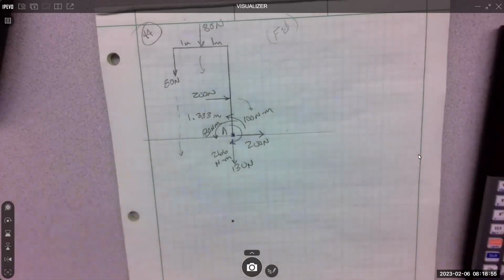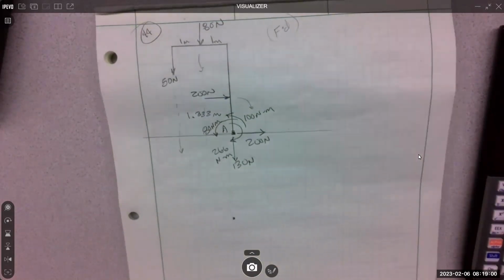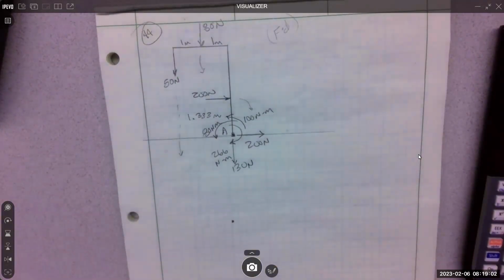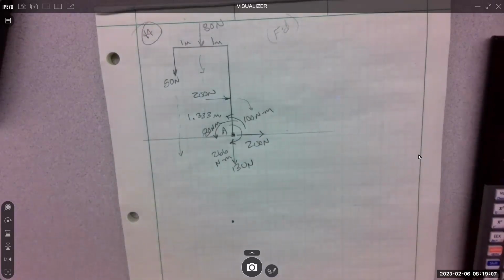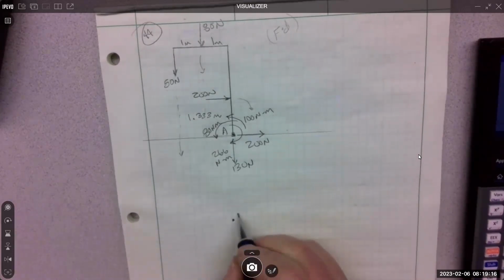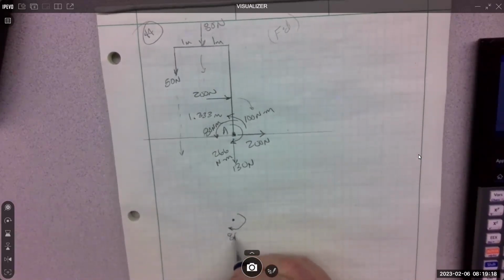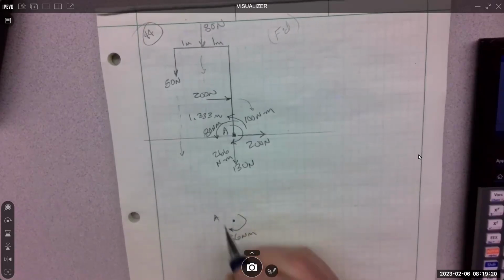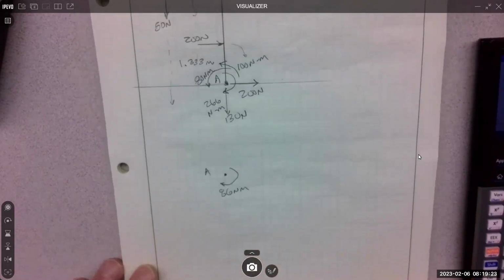Right? 266 enter. 180 minus, looks like 86, right? 86 left over this way. 86 Newton meters. Here's my point A.